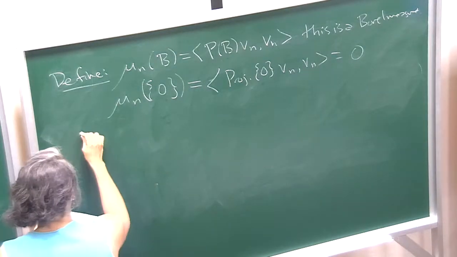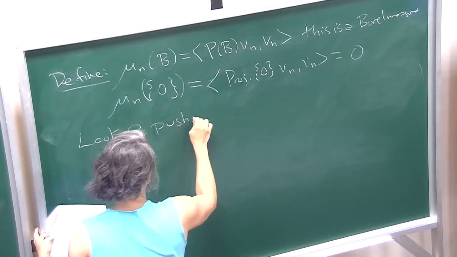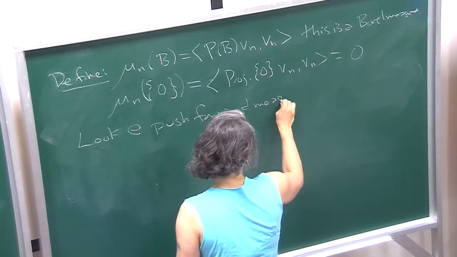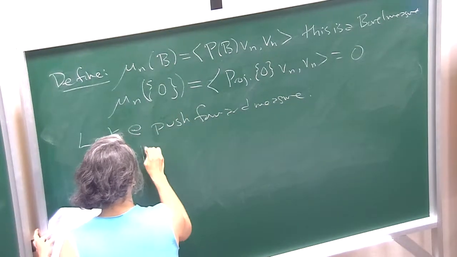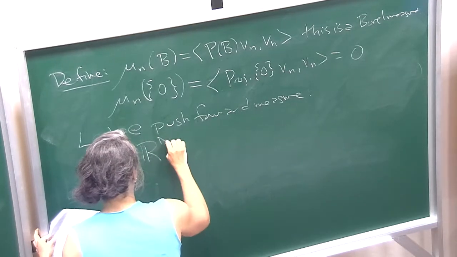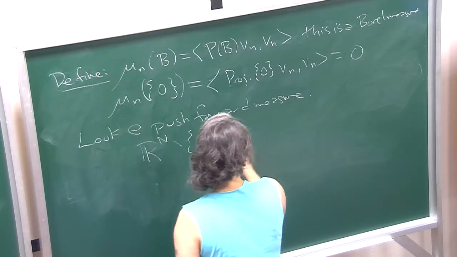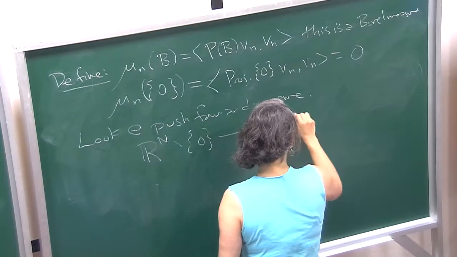So now I'm going to look at the push forward measure, which is going to be the push forward under Rn minus 0, which I can do because 0 has no measure, to Prn.